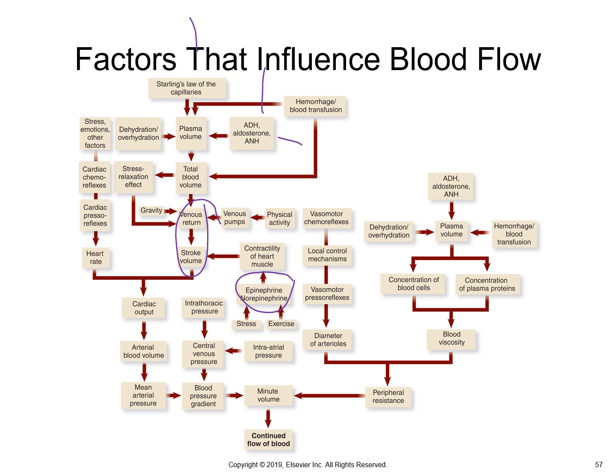So cardiac output, which we're looking at here, is also going to affect the blood pressure, and it depends on a few things. It depends on the arterial blood volume, which we discussed, and it also depends on the central venous pressure, which we discussed. And then it also depends on the blood pressure gradient, which is going to drive that circulation for us.